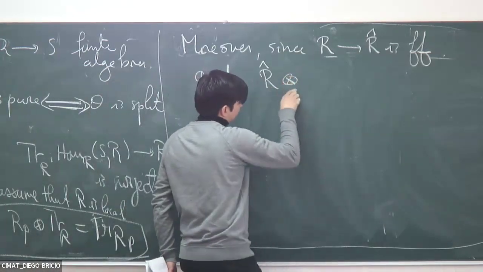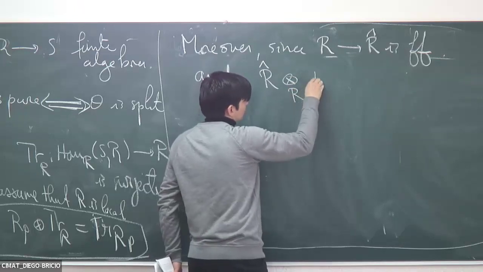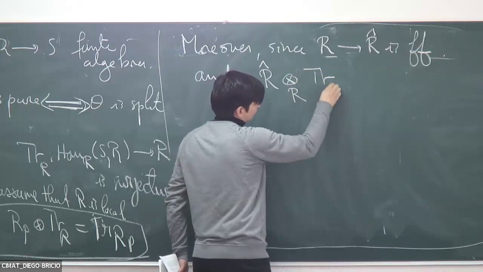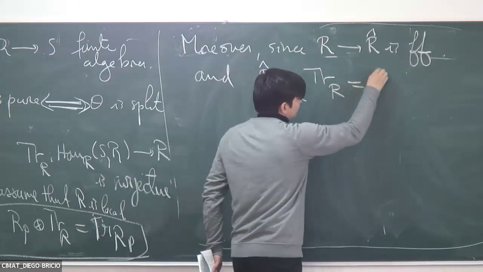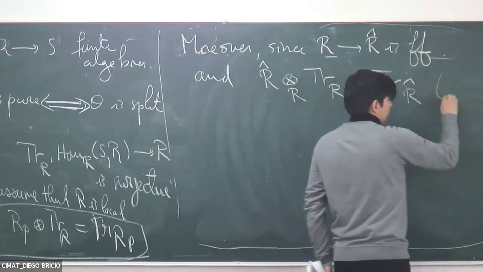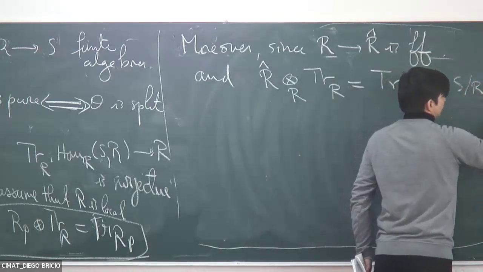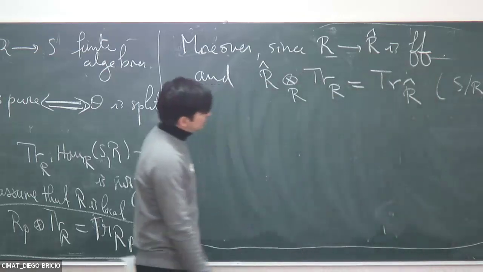The base change by the completion of the trace of R is the trace of R hat. This uses that S over R is finite. It's finitely generated. Okay?